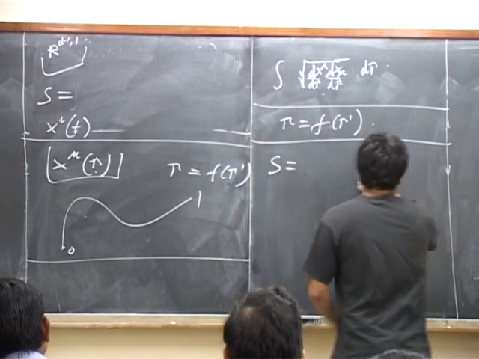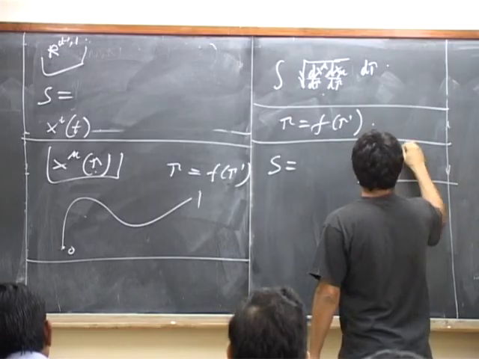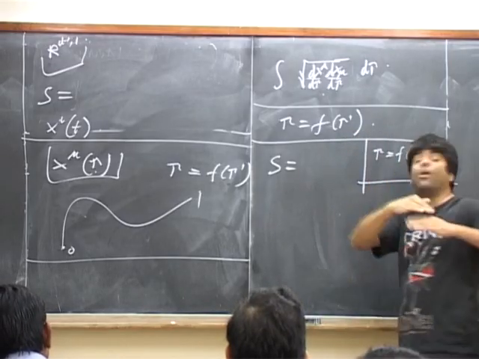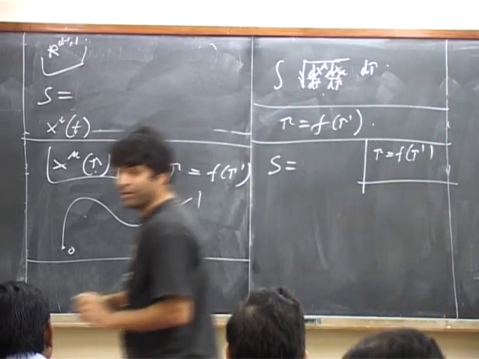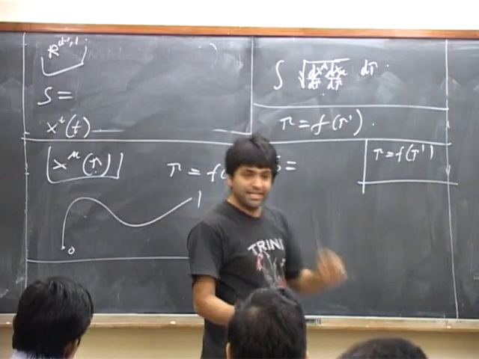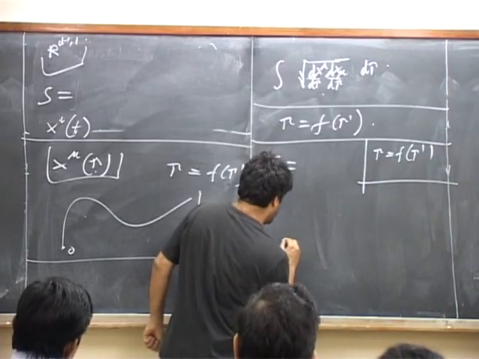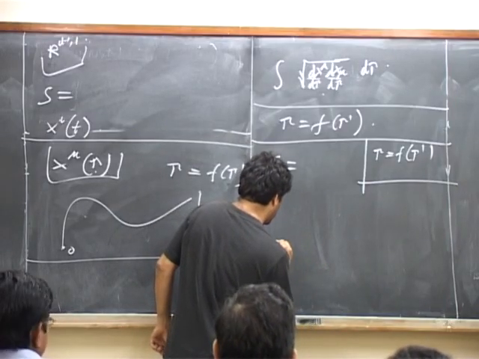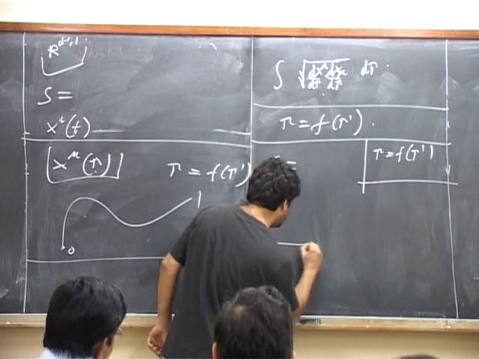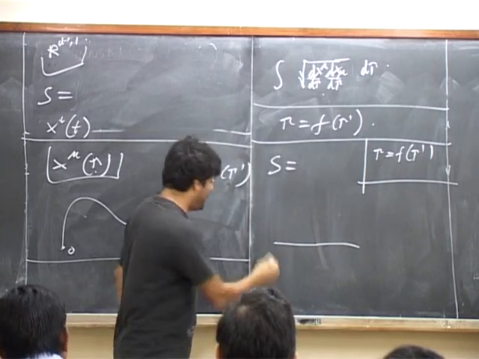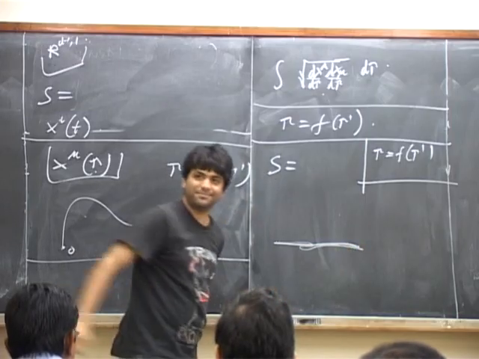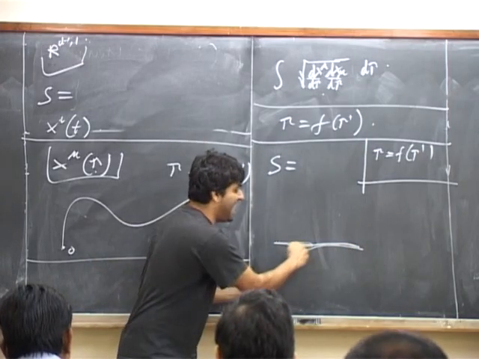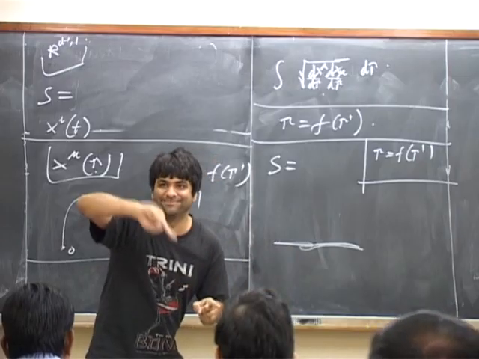The transformation will have to have the property that tau is equal to f of tau prime is a one-to-one function. It doesn't go back. That's true. Suppose you take this following path, and then you choose a parametrization that does this. Then that changes the length of the path.